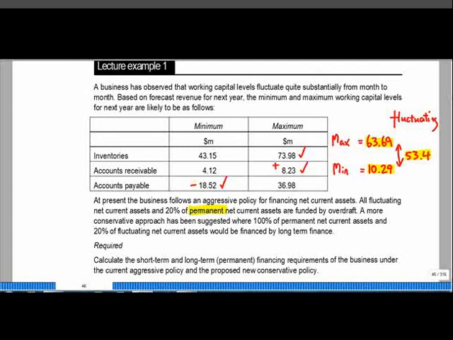And now that we know the level of permanent net current assets and the amount of fluctuating net current assets, then we can show the amounts involved in the aggressive and the conservative approach. And I'm going to show these amounts involved by drawing a similar version of the diagram to the one that we've just gone through and just marking on the amounts required with each policy. A diagram is not specifically required in this lecture example, but has been tested in real exam questions, so we'll just set it out this way.